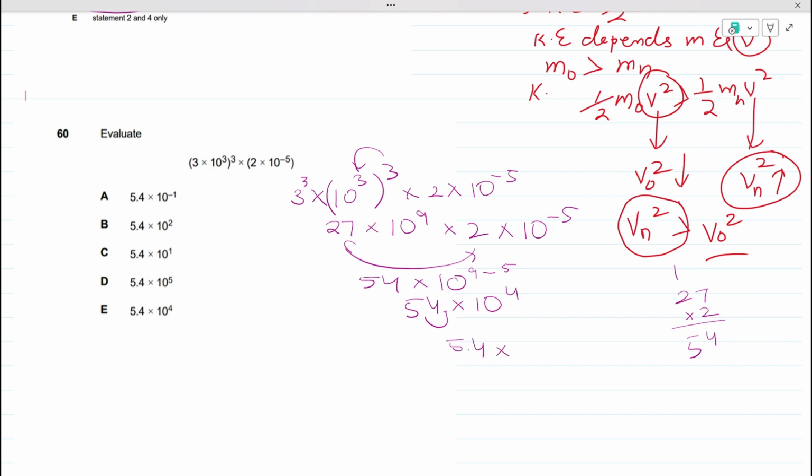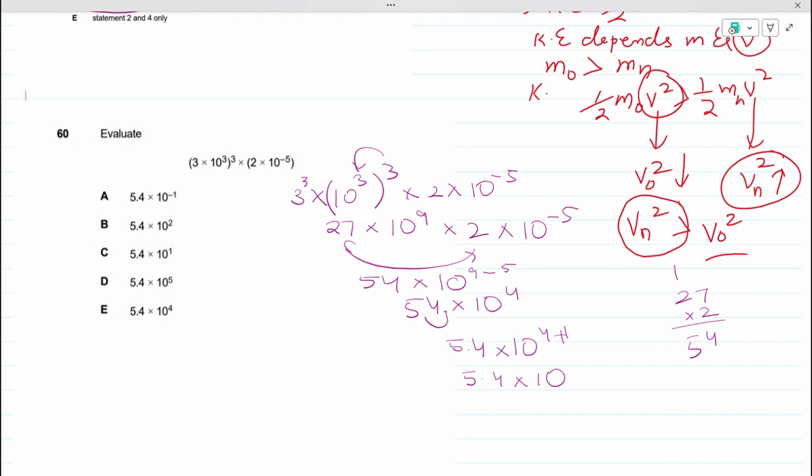Now the point is here. If I move it to the left-hand side, which means 5.4, then 1 has to be added to this 4 because I have moved the point to the left-hand side. If I move the point to the right-hand side, then of course it has to be subtracted.